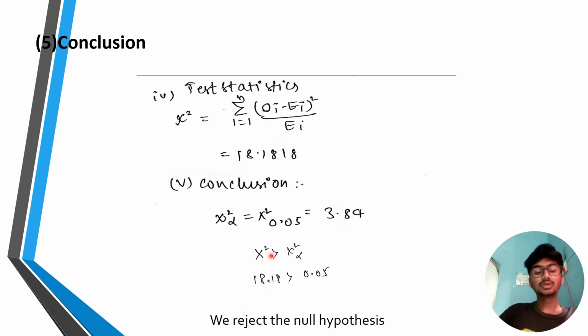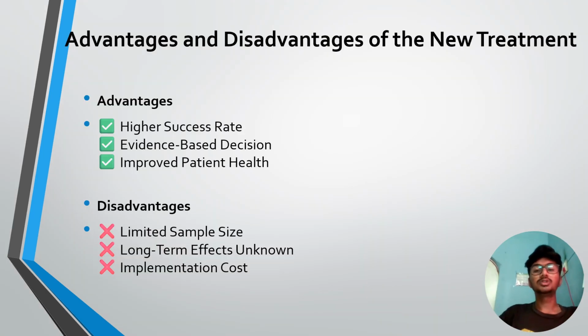But here, as you can see, the calculated chi-square 18.18 is greater than the table value 3.84. We reject the null hypothesis, as we know chi-square should be less than chi-square of alpha, but here in this case it is opposite, so we reject the null hypothesis. So this is how we solve the problem.